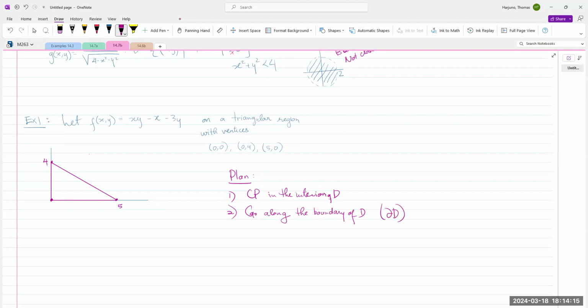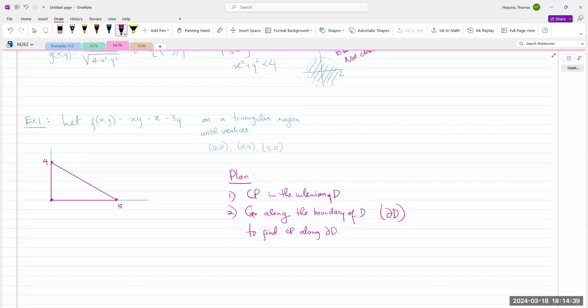That notation, the partial differential symbol, is actually used to show the boundary of region D. Go along the boundary of D to find critical points along the boundaries.